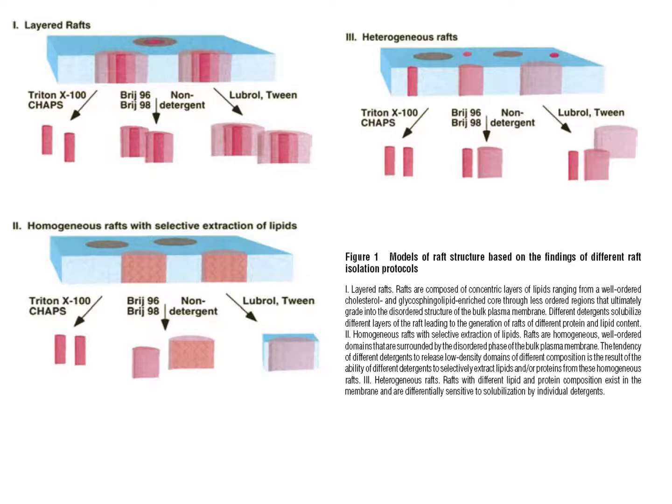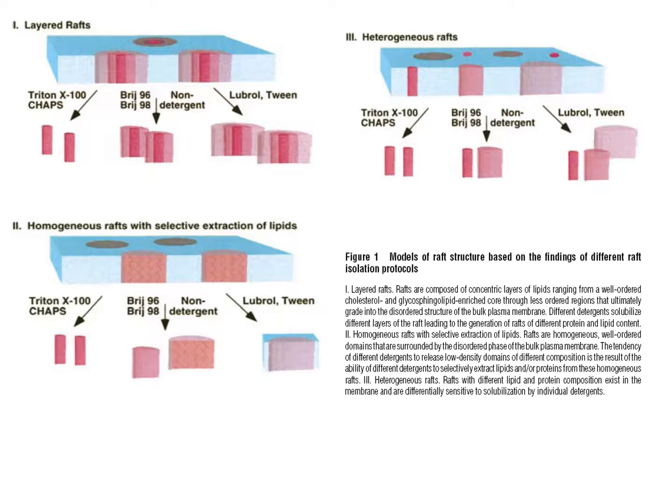And there were 3 models of how lipid rafts are actually formed and what their nature is. And model 1 and 2 show a process where we use 3 different types of detergent. And if the structure is layered, in other words, here's layer 1 and it's surrounded by, it's kind of like a cake, layer 1, 2, and 3.